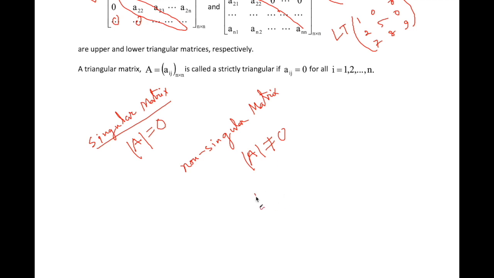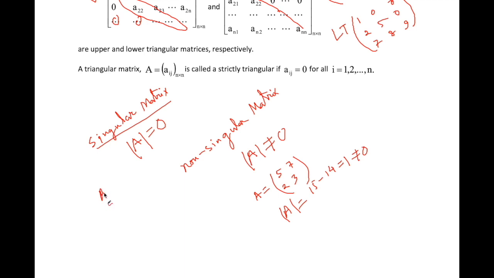For example, let's say A is like this, 5, 7, 2, 3, and we know the determinant of A is equal to 5 into 3, 15, minus 7 into 2, 14, which is 1, which is not 0.